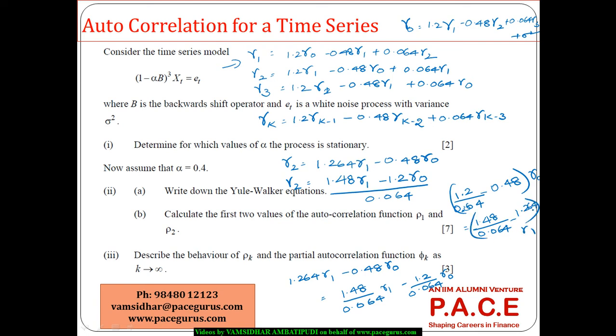So we are getting gamma 1 in terms of gamma 0.